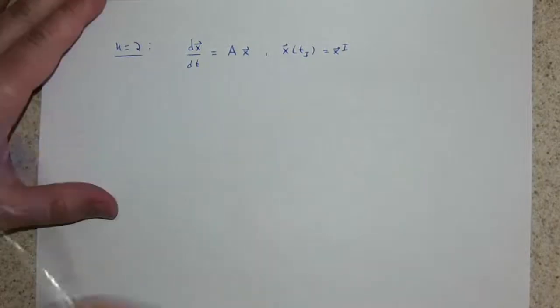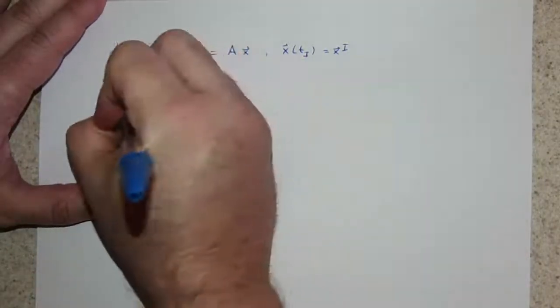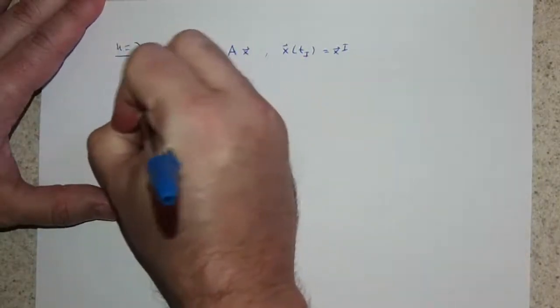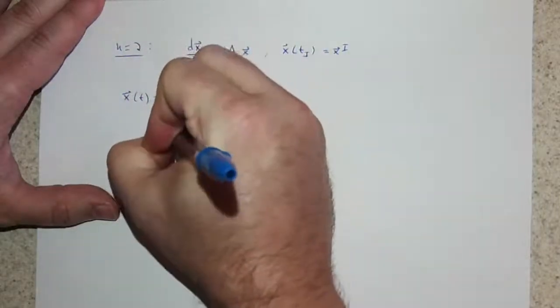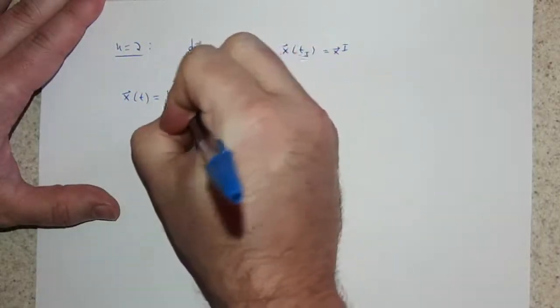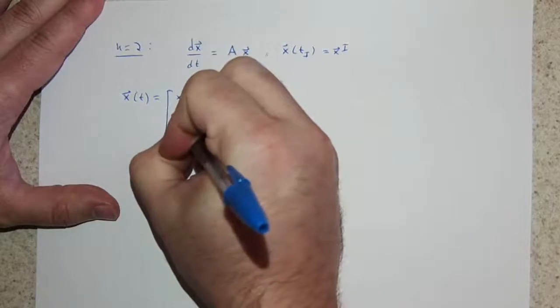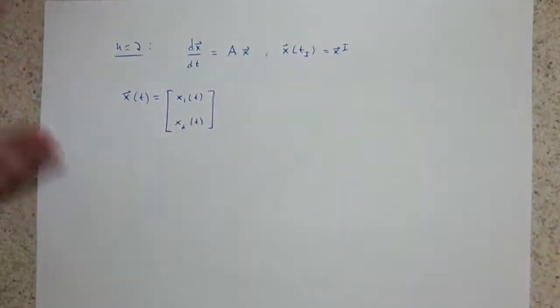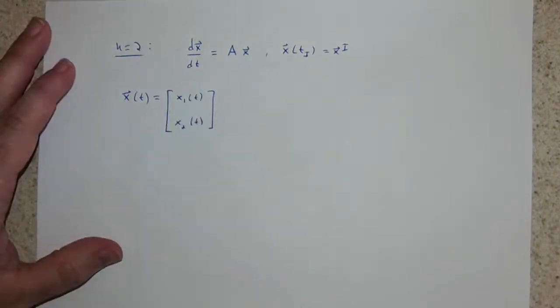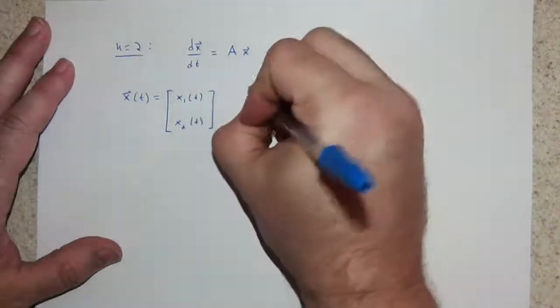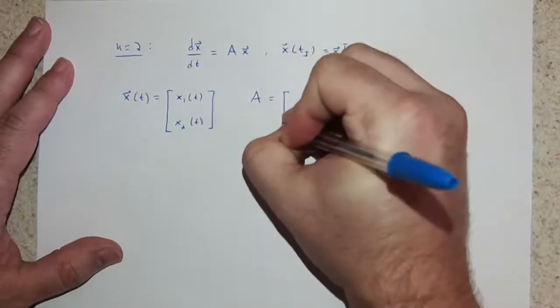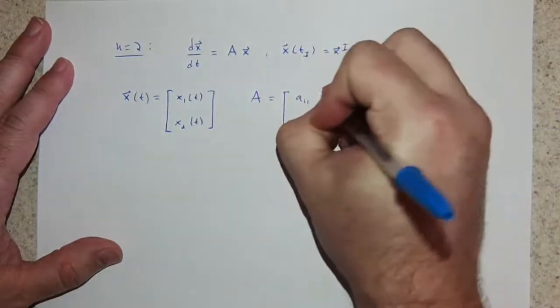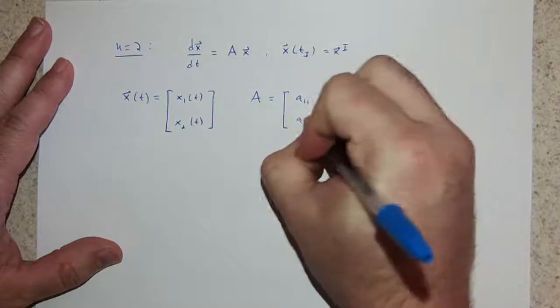Well, if n is equal to 2, then my solution vector x of t is made up of components, call them x sub 1 of t and x sub 2 of t. These are the components of my solution vector. A is a matrix with entries A11, A12, A21, A22.